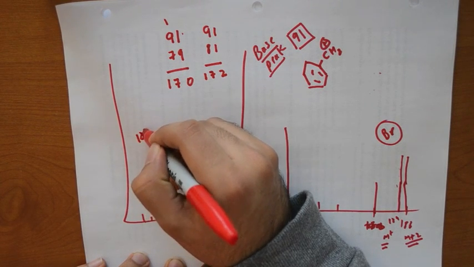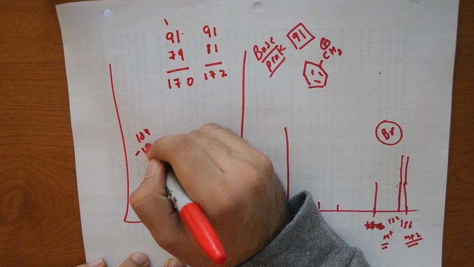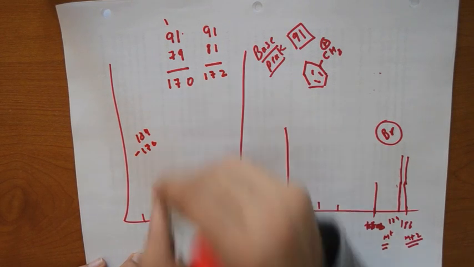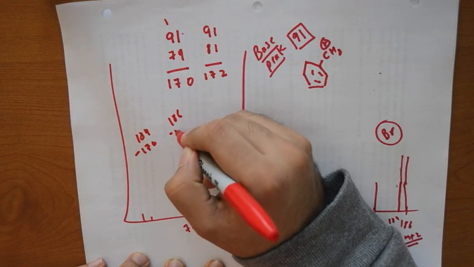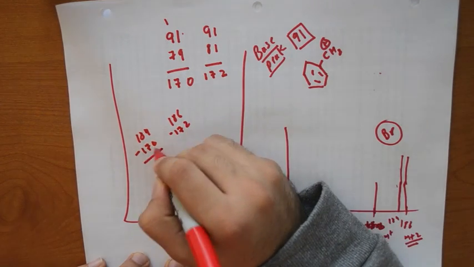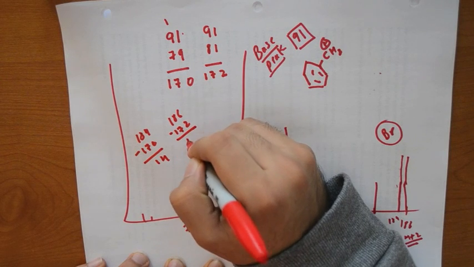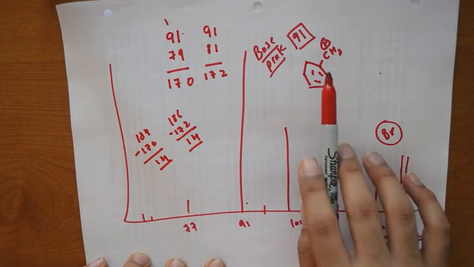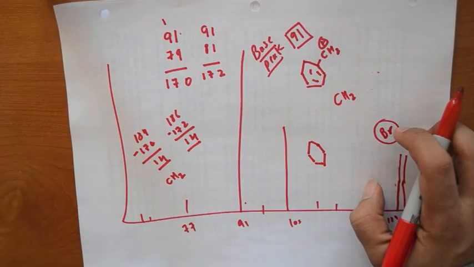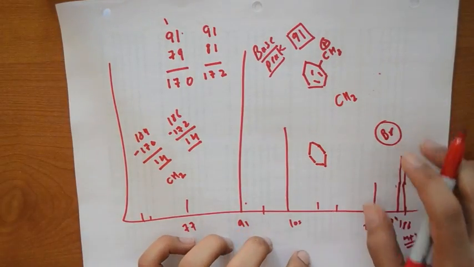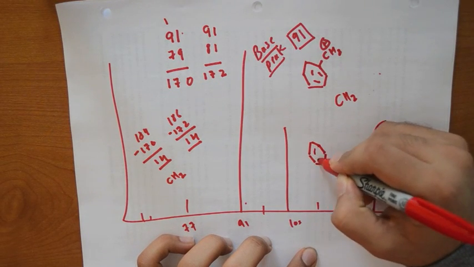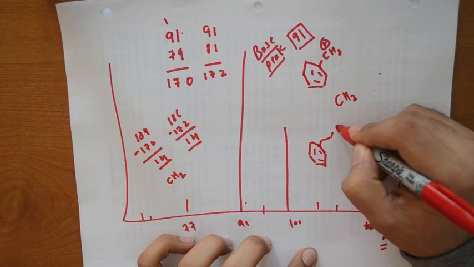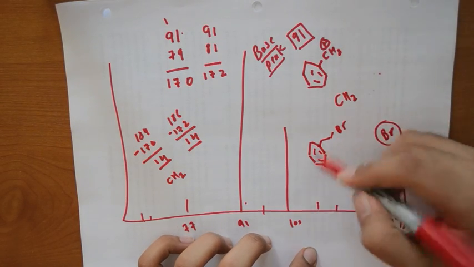So you do 184 minus 170, or you do 186 minus 172. In both cases you'll see you get 14. Okay? So we know that we're almost done. We got a benzylic and Br. So if you had to guess without any other information, it'll just be something like that. And that's the structure.